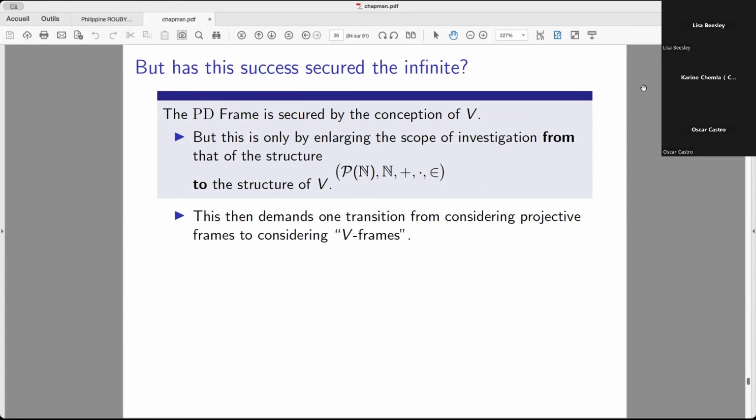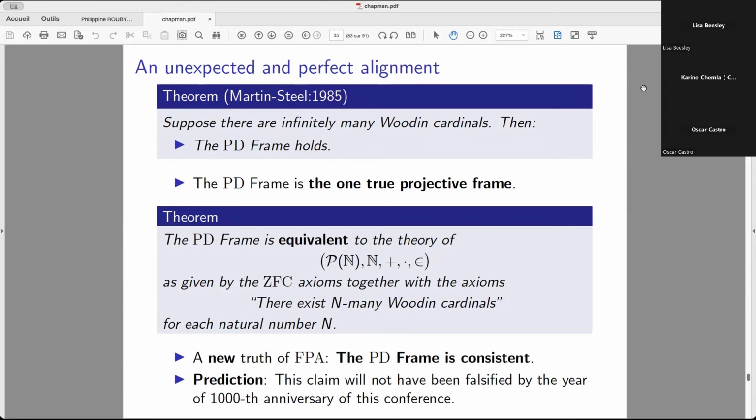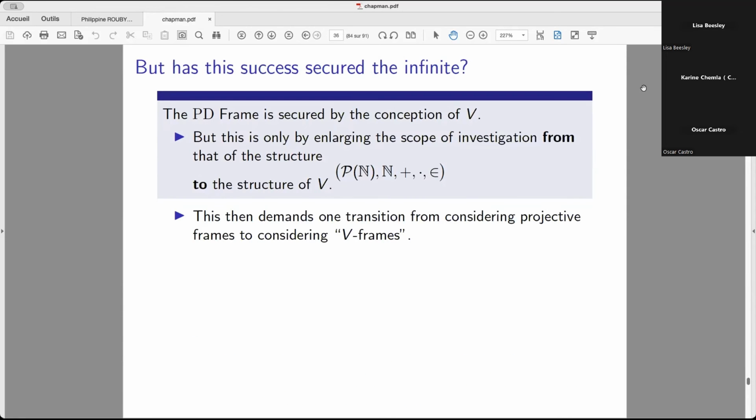But we have to be serious now. Has this success secured the infinite? The PD frame is secured by the conception of V, but we've now changed the scope from second-order number theory to V. Well, doesn't this demand that we transition from projective frames to V frames?